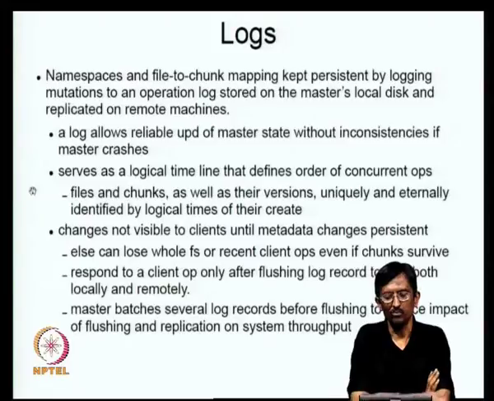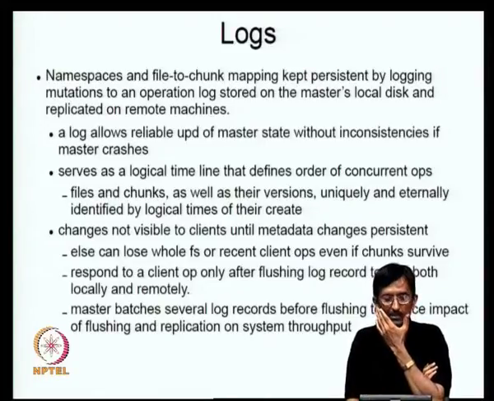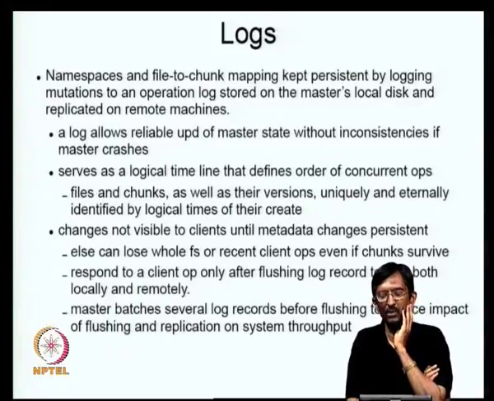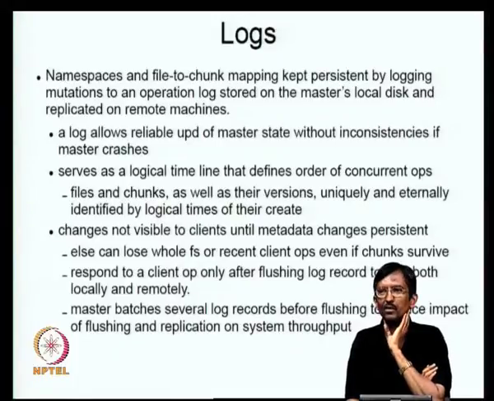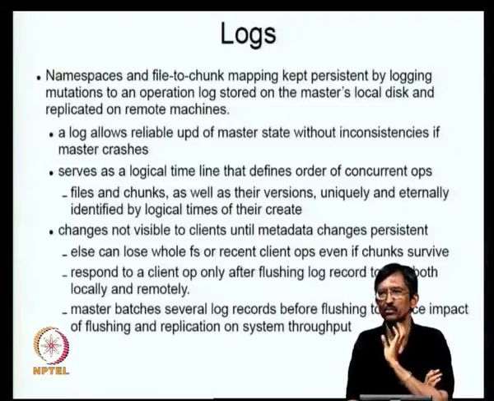Since it's a file system which gives you some guarantees, as I mentioned, appends are atomic, but the consistency model is a bit complex. We'll come to that. Once you try to make things atomic, you have to ensure that operations can be either rolled forward or rolled backwards.